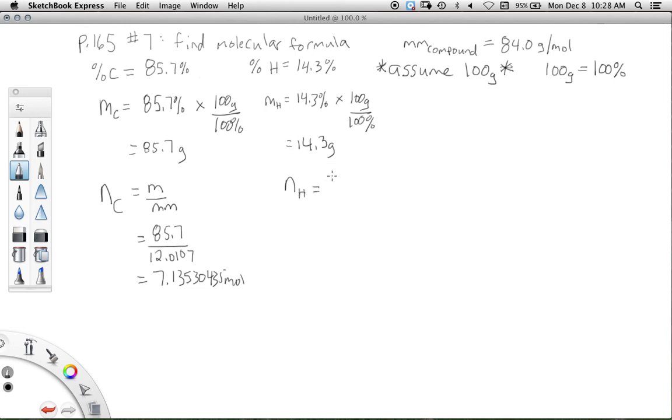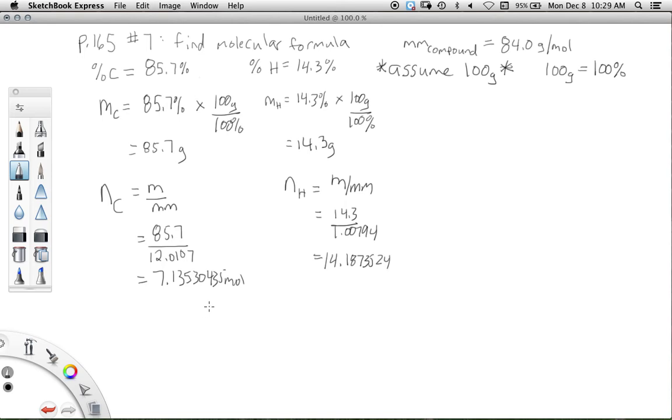Moles of hydrogen equals mass divided by molar mass, which equals 14.3 divided by 1.00794. I'm assuming that's going to be around 14. And it's 14.1873524.